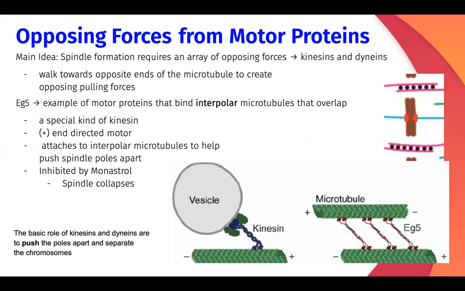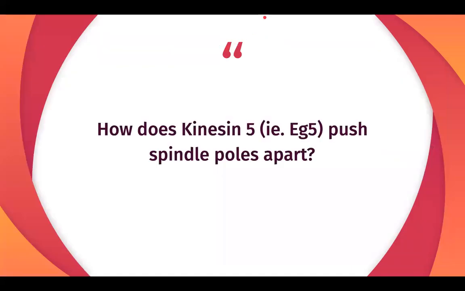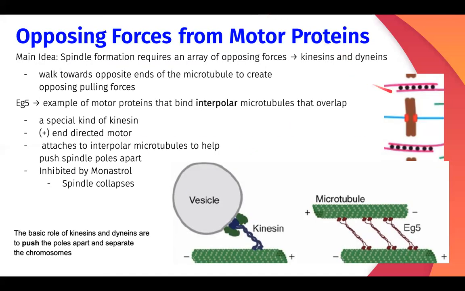Remember, we looked at the pink ones in the top right here. These little balls connecting those interpolars are EG5s. They bind to those, and it's a special kinesin. It is a plus end directed motor, and it attaches to these microtubules to push the poles apart.